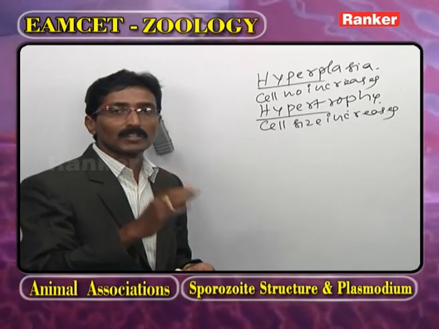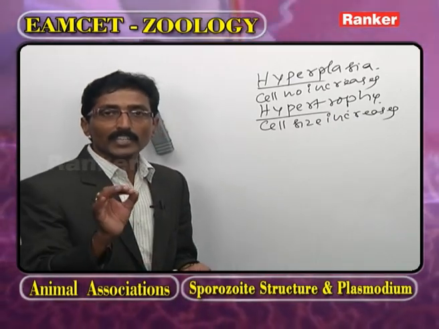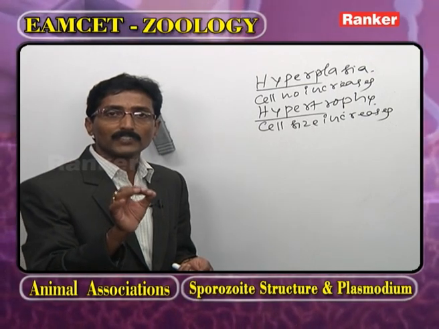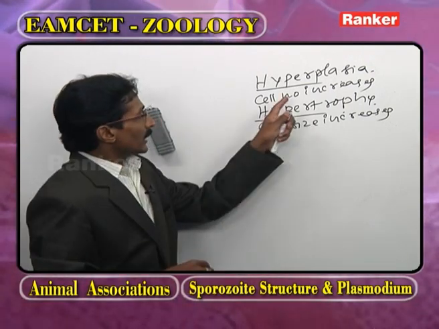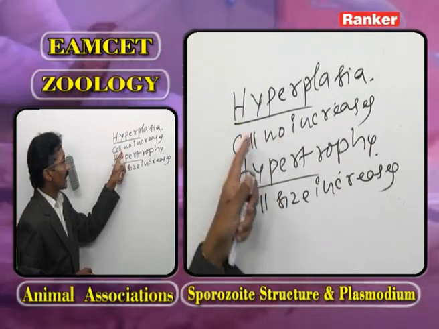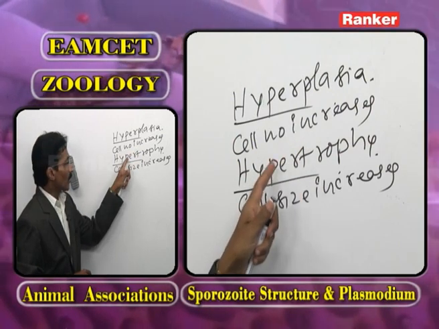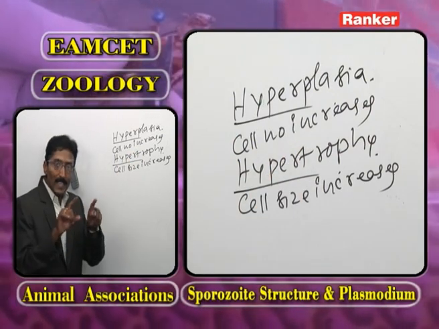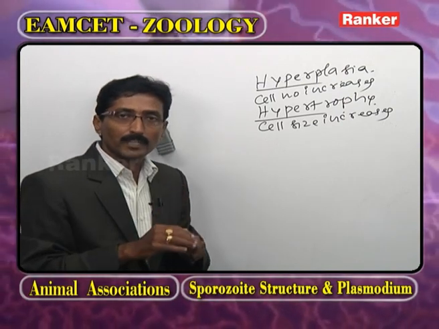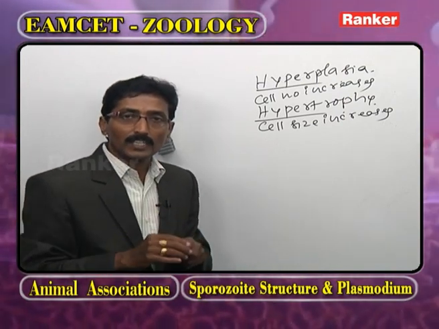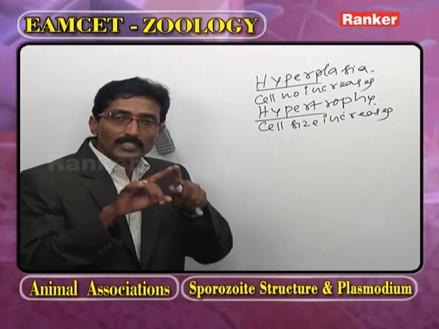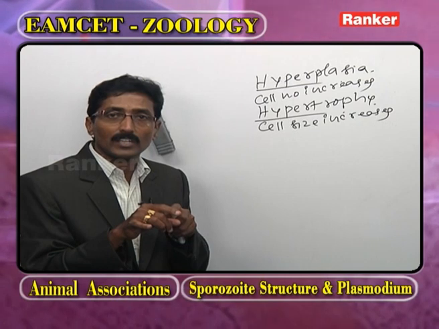What is the best example for hyperplasia? Fasciola hepatica. It lives in the bile duct of sheep. In the bile duct of sheep, because of hyperplasia, the cell number increases. What about hypertrophy? The cell size increases. In the life history of Plasmodium, in the Golgi cycle, the Plasmodium present in the RBC, at one stage the RBC size enlarges.